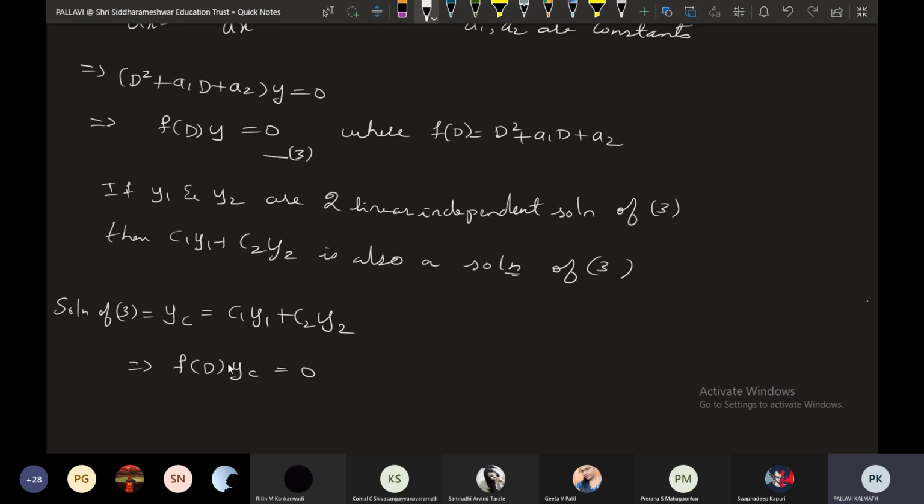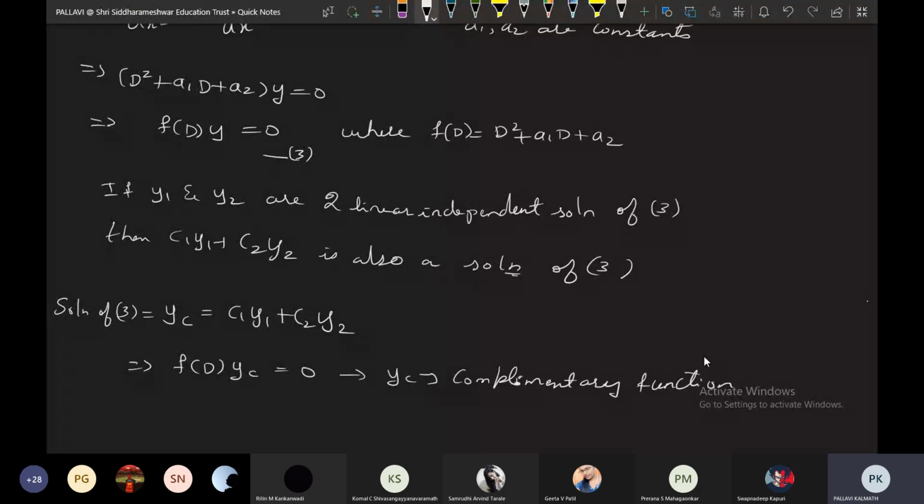This yc is known as complementary function. So this gives the solution of the given differential equation 1.